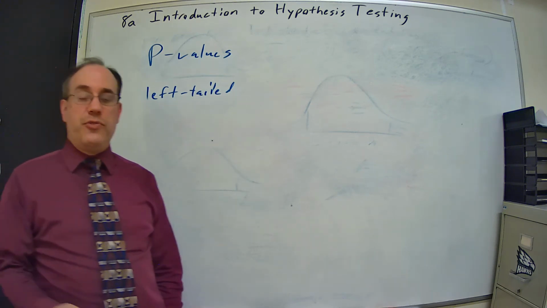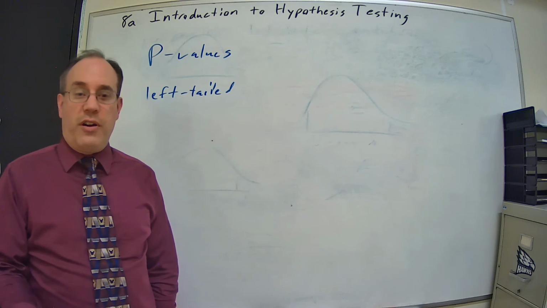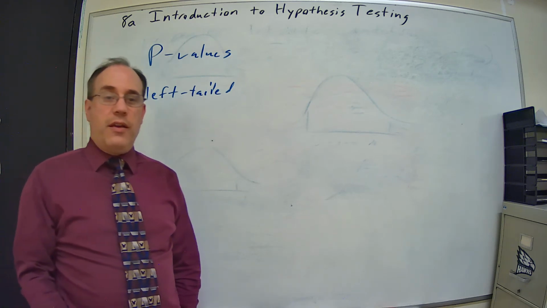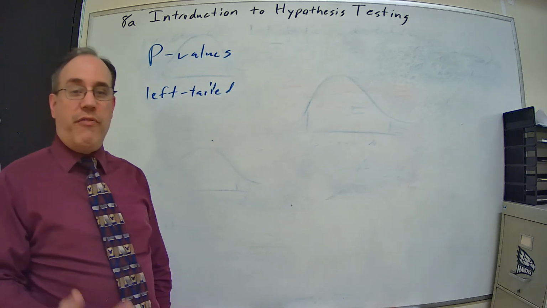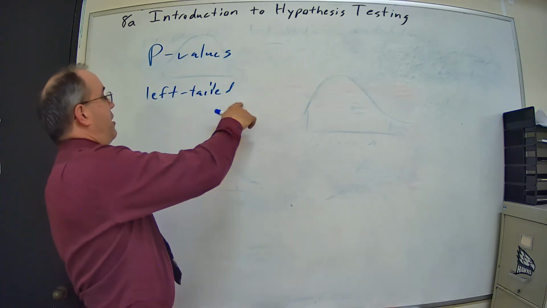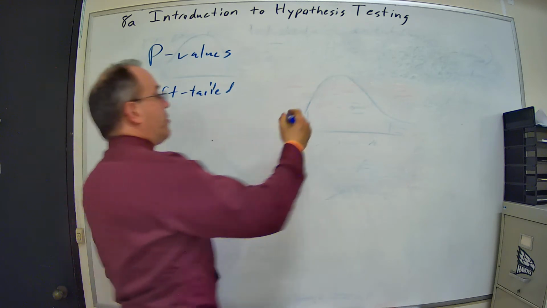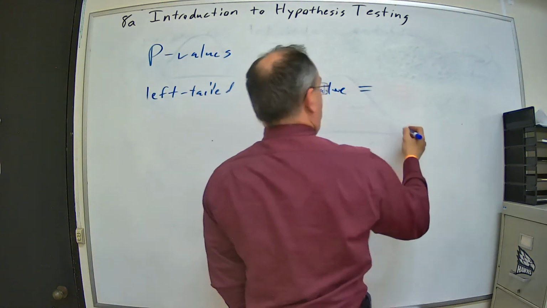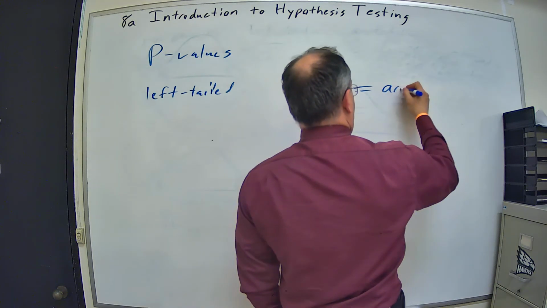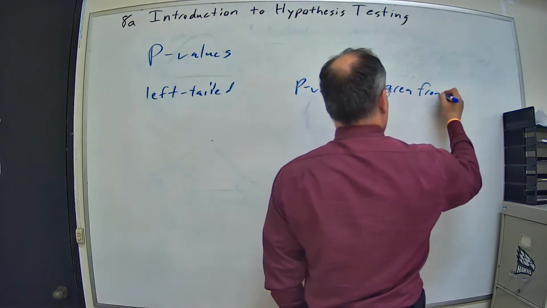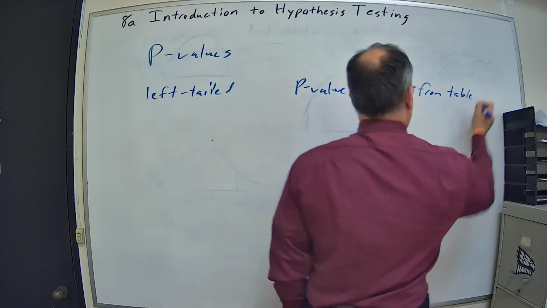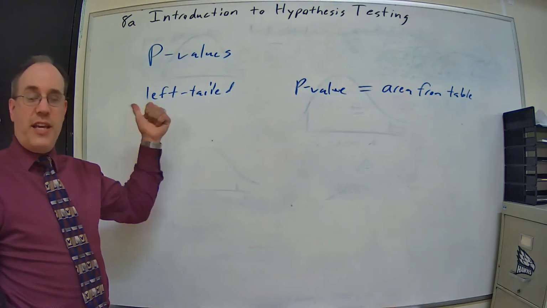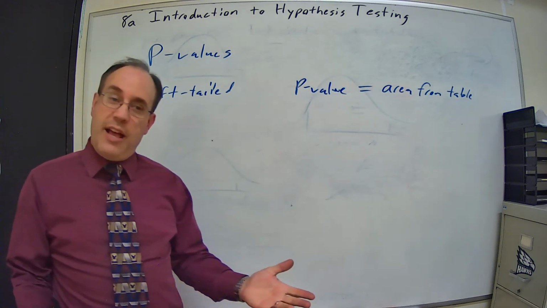We'll use the z-score or the t-score, look it up in the table and find the area, and the p-value will be equal to the area from the table. So we'll be able to read it directly from the table if it's a left-tailed test, because the table gives us the area to the left.